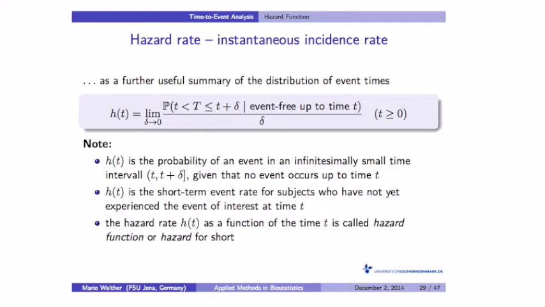No, it's a summary for time to event data, like the survival probability. So you want to describe survival time to event data. The first one you describe by estimating the survival probability. Another quantity to describe time to event data is the so-called hazard rate. And there is an equivalence between survival probability and hazard rate. Forget the mathematics.